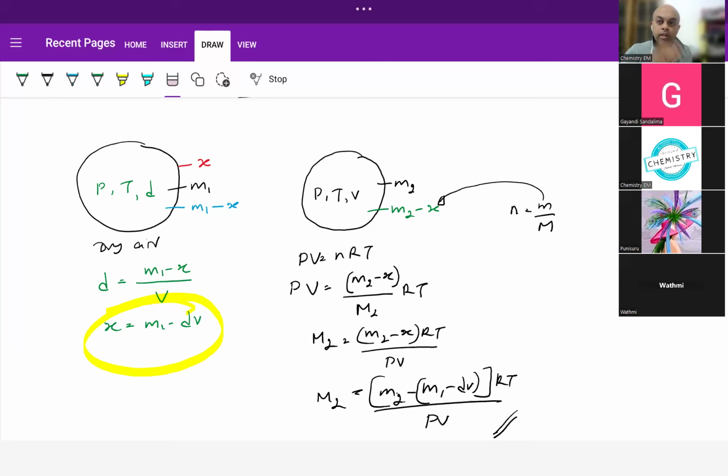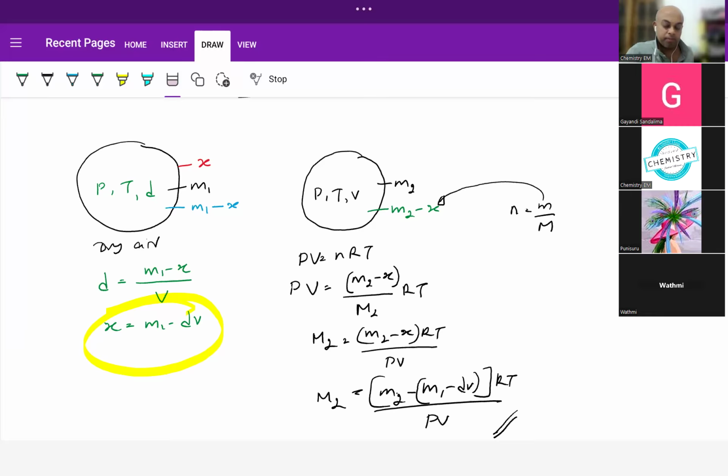Then I'm going to the second situation. The second situation is that the mass is M2, the total including the mass of the container. Then the mass of the gas will be M2 minus X. X we have calculated using M1 and dV, M1 minus dV. Then I am applying PV equals nRT to the second situation because I need to know the molecular mass of X. n is equal to m divided by capital M. P same, V same.